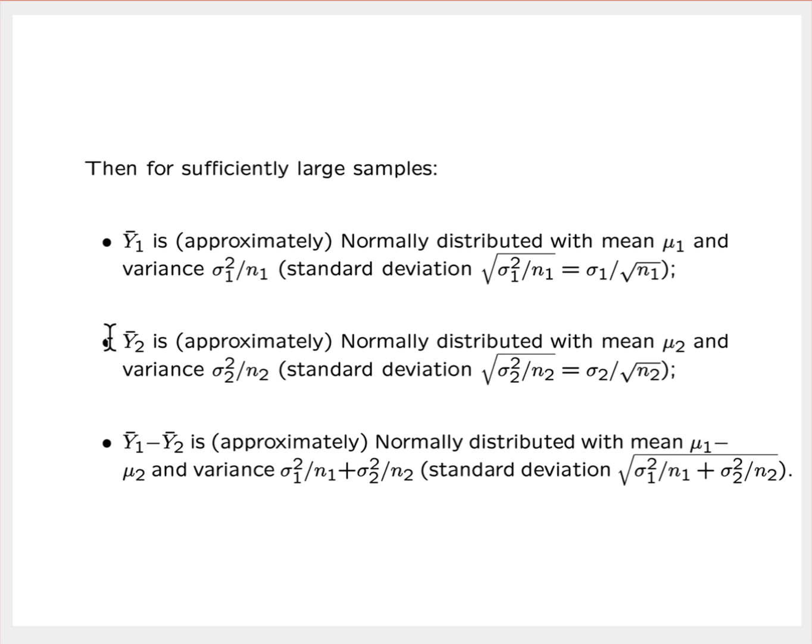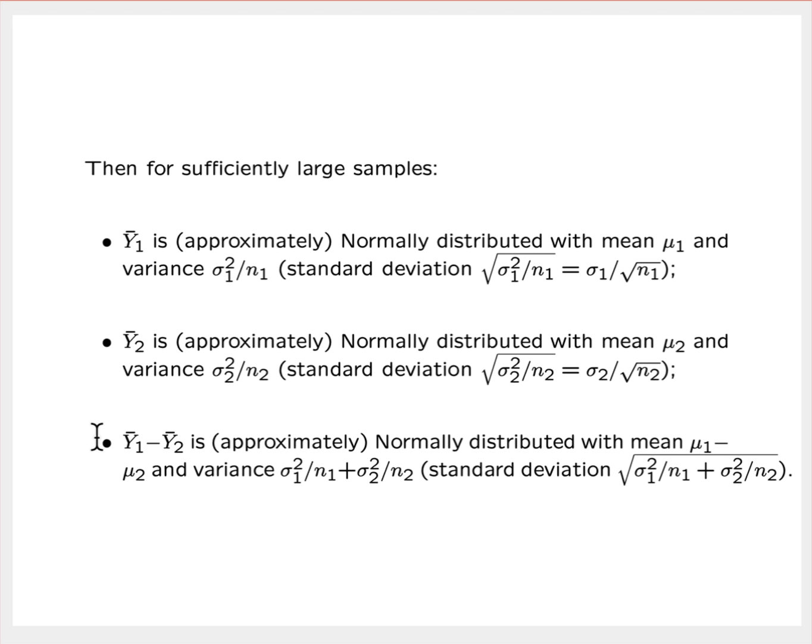Similarly, the mean of the sampling distribution of y bar 2 is mu 2, the mean of population 2, and the variance of y bar 2 is equal to sigma 2 squared over n2, where sigma 2 squared, again, is the variance of population 2. Now, because the samples are independent, stochastically independent, y bar 1 and y bar 2 are stochastically independent as well.